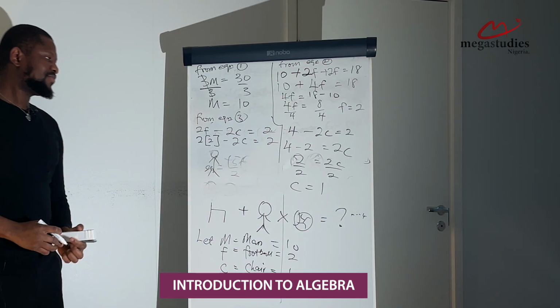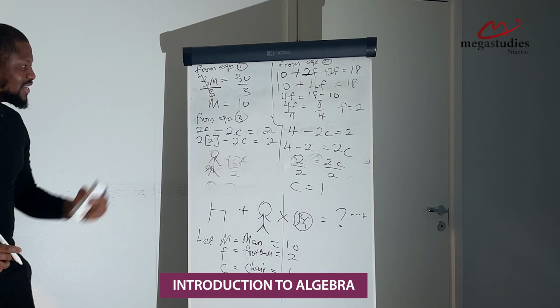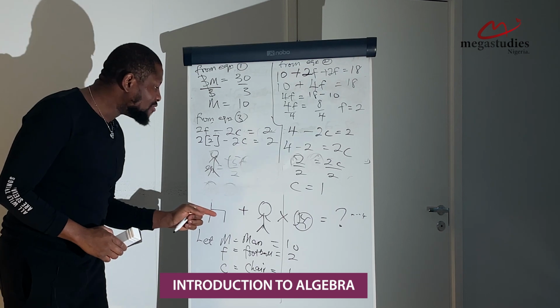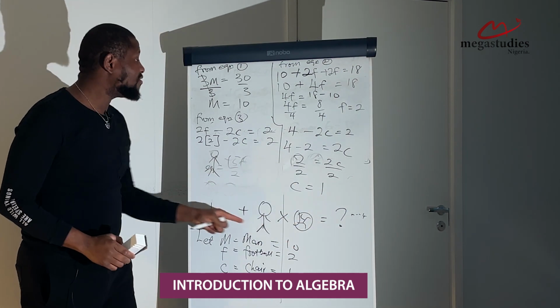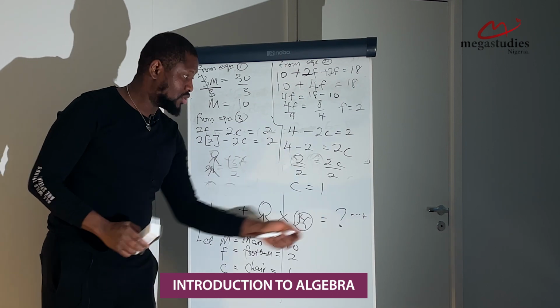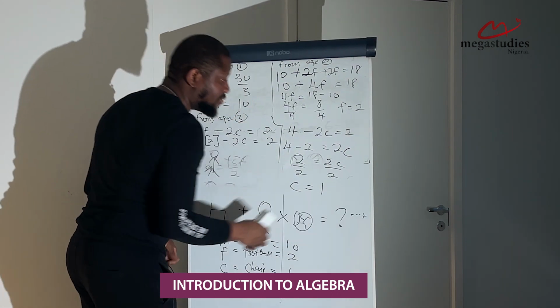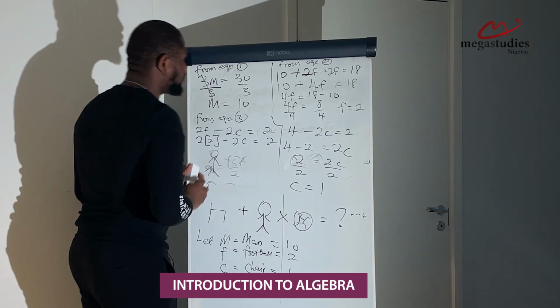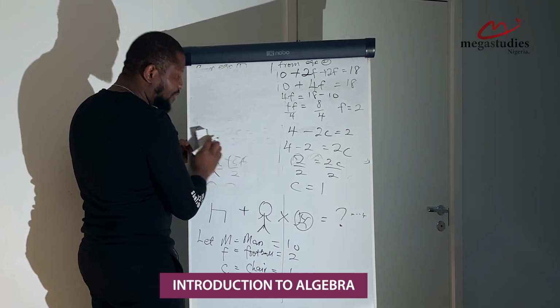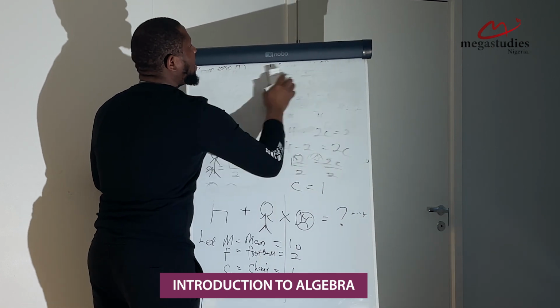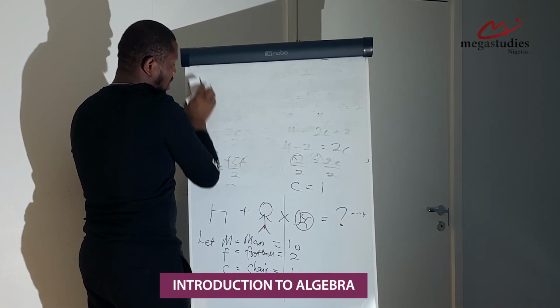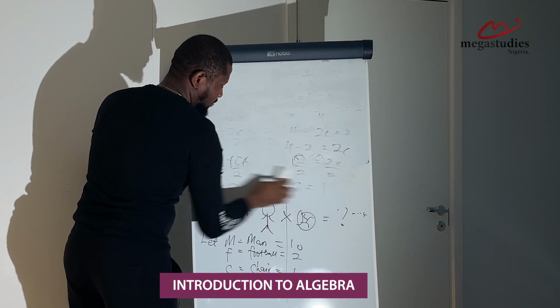Now, because we've gotten this, we now look for the main question. The main question is to look for this value, this unknown. This is the question mark, this is equation 4. We have to look for what is this value. So all we need to do is to substitute those values we've gotten into the main equation that we are looking for. So let's do that.